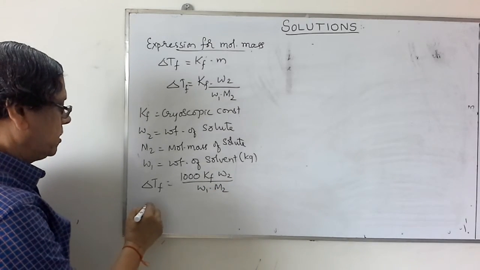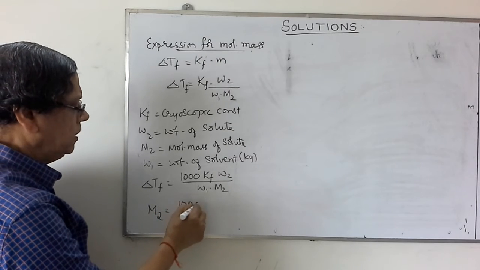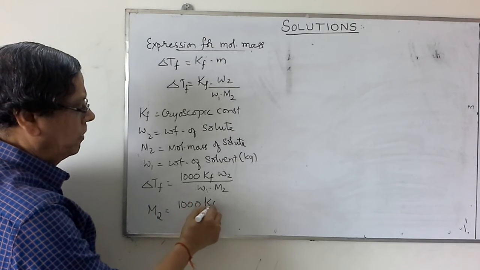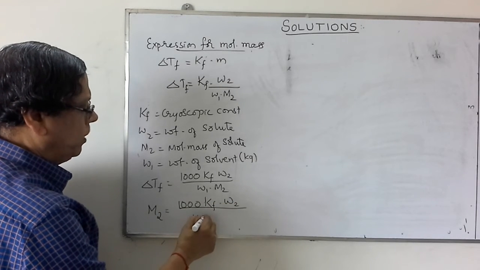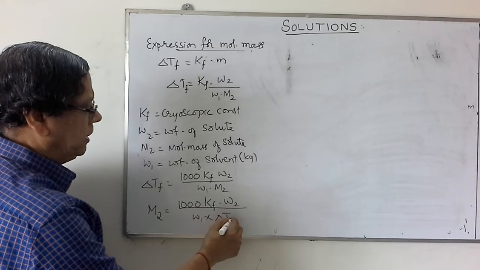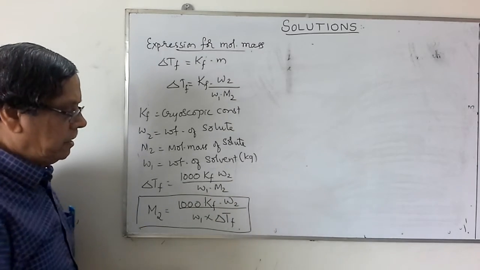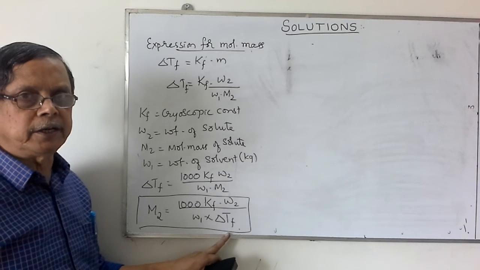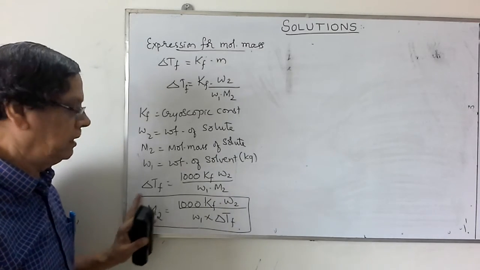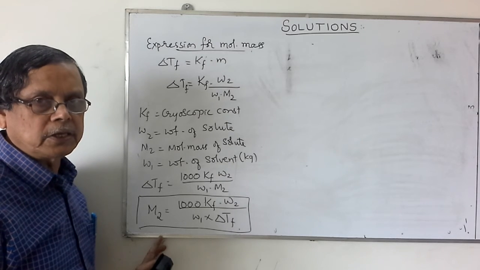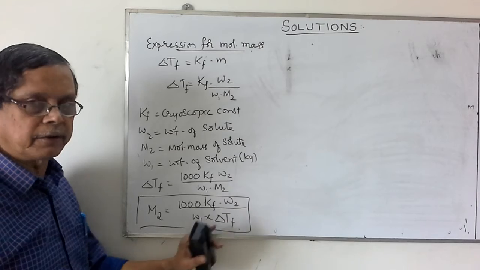Therefore, molecular mass of the solute M2 is equal to 1000 KF W2 divided by W1 into delta TF. If you know the freezing point of the pure solvent and freezing point of the solution, and weight of the solute and weight of the solvent, we can calculate the molecular mass of the solute. So this is about the expression for the molecular mass.